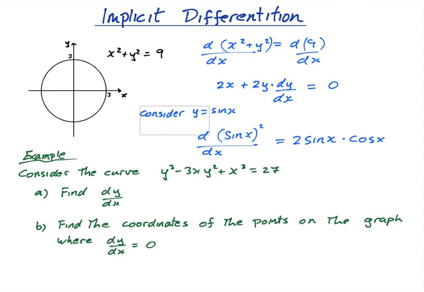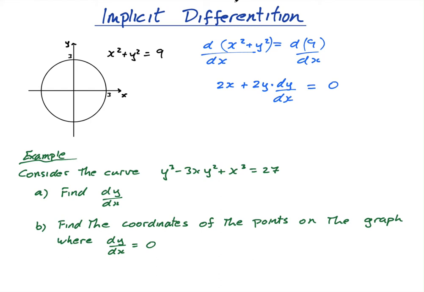Okay, fine. Now, once I have done that, I can get the derivative. I can say dy dx is equal to negative 2x divided by 2y, which is actually equal to negative x over y.